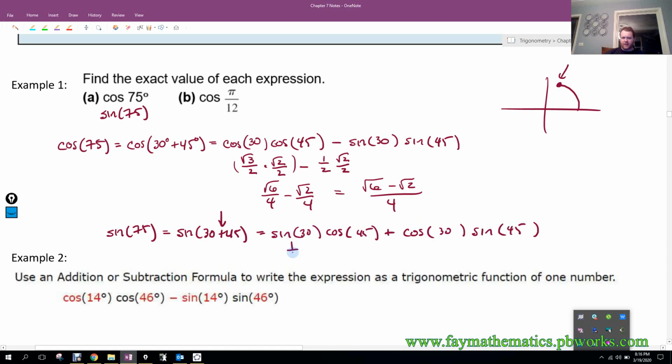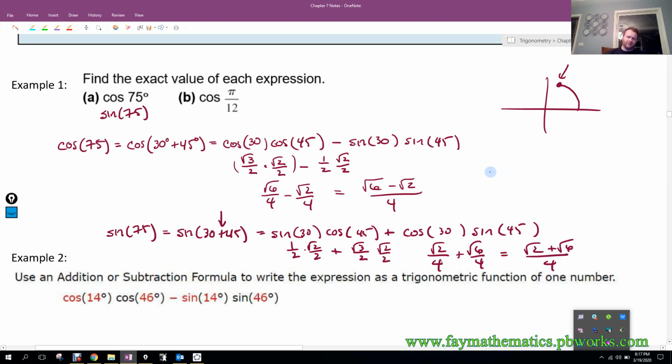So sine of 30 is 1/2, cosine of 45, root 2 over 2. So they're getting multiplied together there. Plus then cosine of 30 is root 3 over 2. And sine of 45 is root 2 over 2. So that's going to give me, when I multiply that out, radical 2 over 4 plus radical 6 over 4. So radical 2 plus radical 6 all over 4.